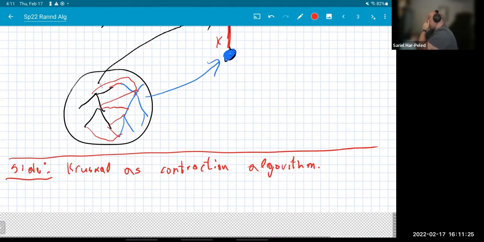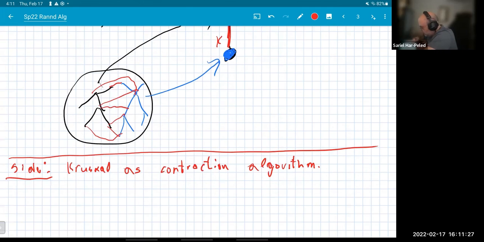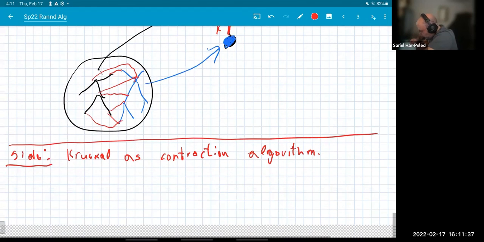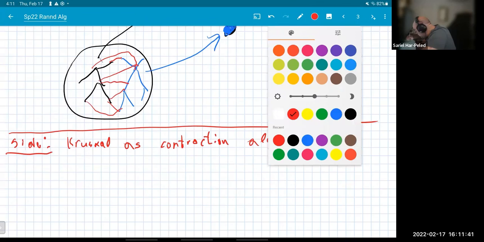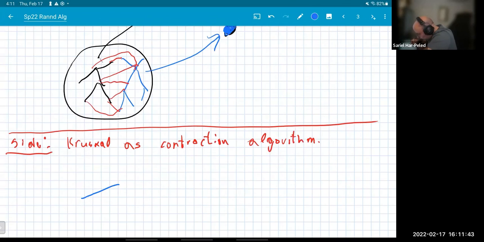So what Kruskal does: one way to think about Kruskal is that you sort the edges by weight and you start taking them one by one. When you take an edge in Kruskal, and the edge is across two different trees, you merge the trees. You add the edge to the MST that you're building.